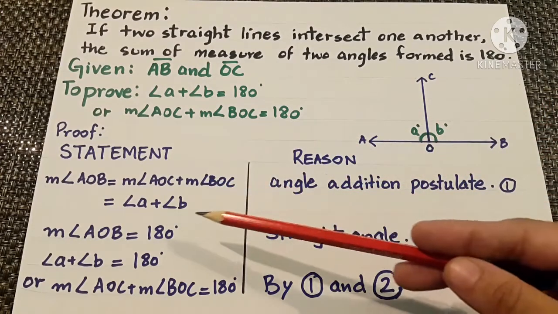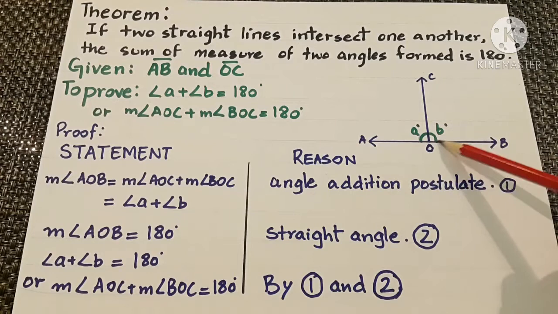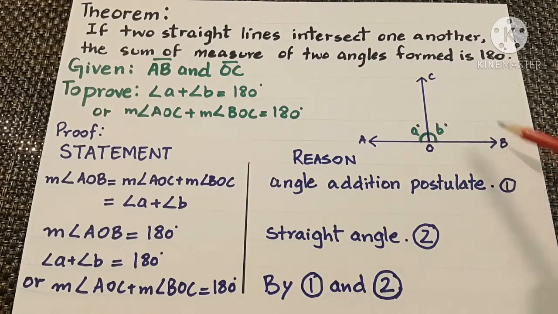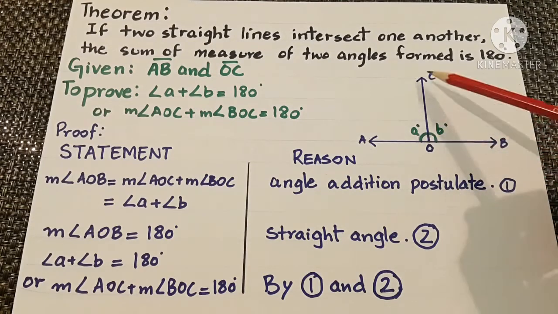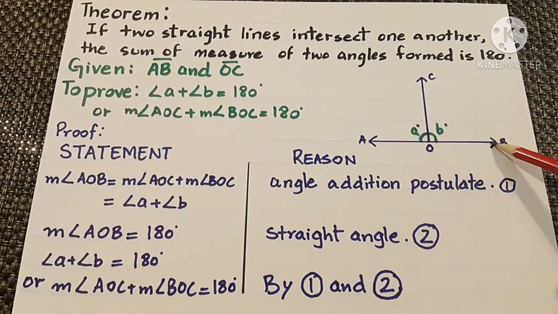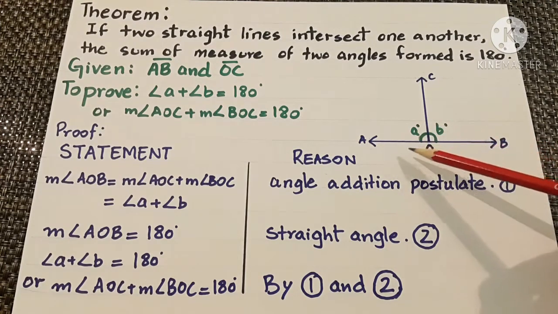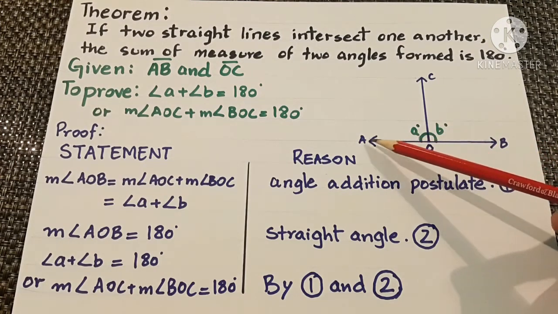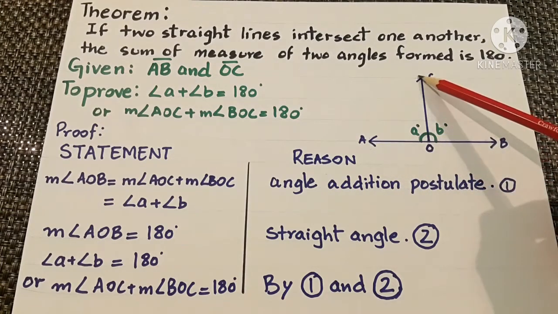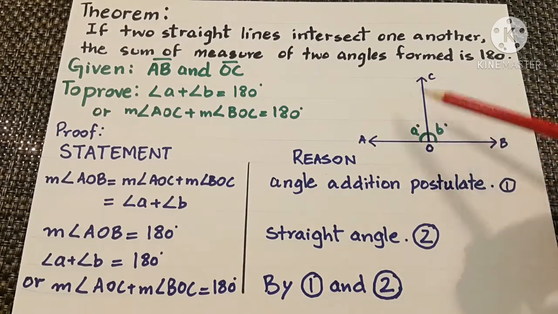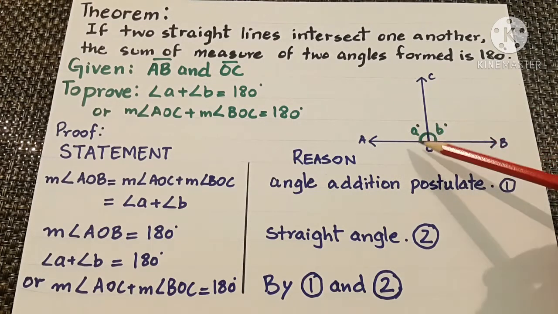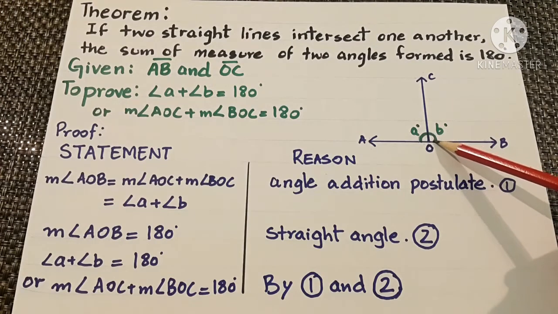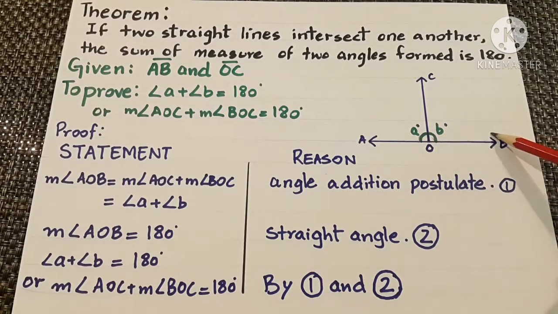Now, statement number 1: measure of angle AOB is equal to measure of angle AOC plus measure of angle BOC, that on a straight line, the sum of the angles forming AOC plus BOC, when we add both the angles, when we add angle A and angle B, we get the whole angle, that is over here, that is the angle AOB.